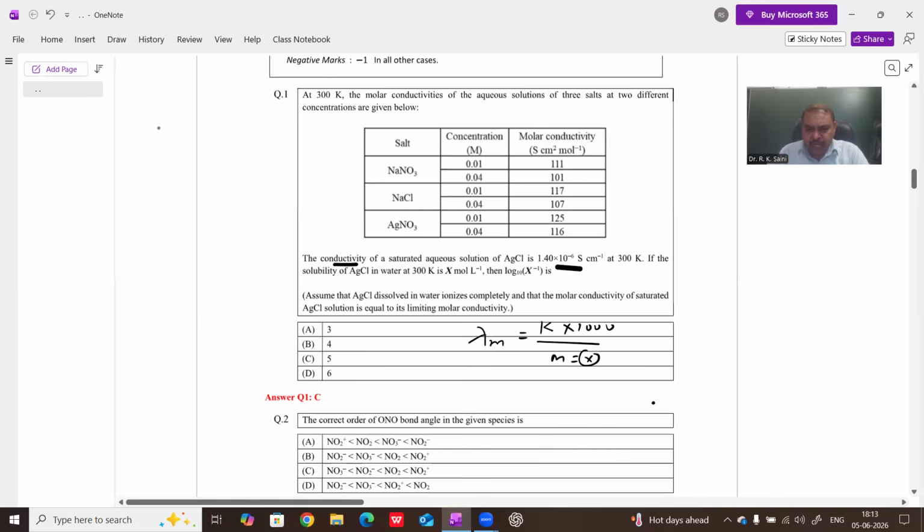It is denoted by x also in this question. Therefore, x equals k, the specific conductance given, 1.4 into 10 to the power minus 6, into 1000 upon lambda m, the molar conductivity.